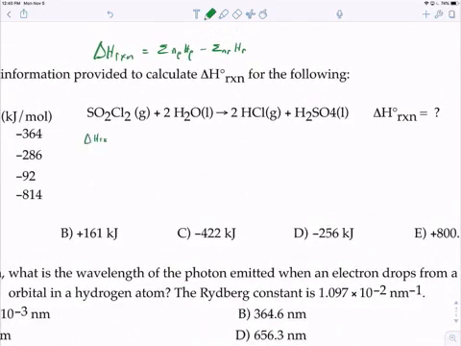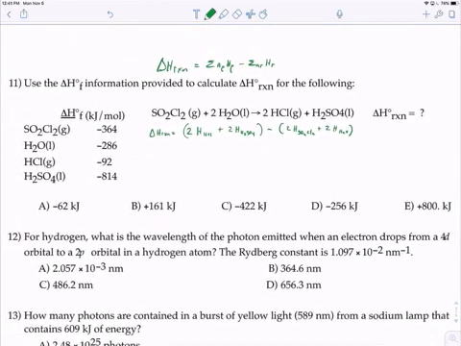Delta H reaction is going to be 2 H of HCl plus the heat of formation of sulfuric acid, minus 2 H of SO2Cl2 plus 2 H2O.